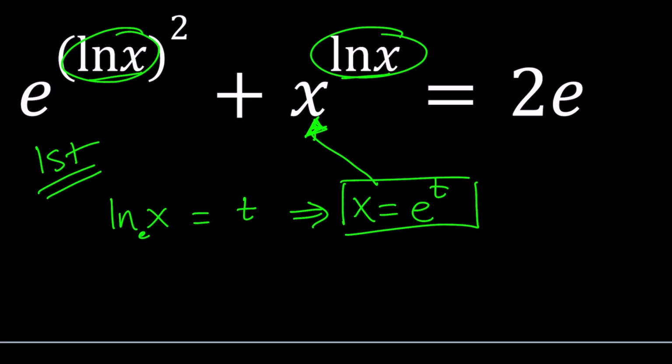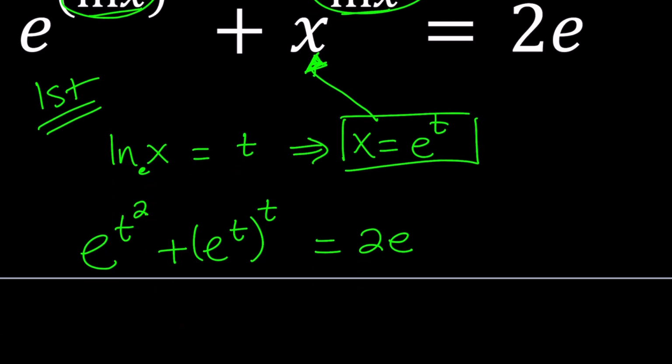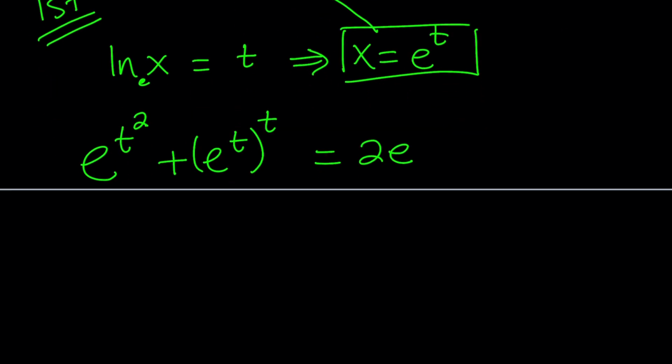Let's do it. ln x replaced with t, e to the power t squared, plus x replaced with e to the t, and then raise it to the power ln x, which is t, equals 2e. Okay, that didn't simplify yet. So anyways, what do we do?